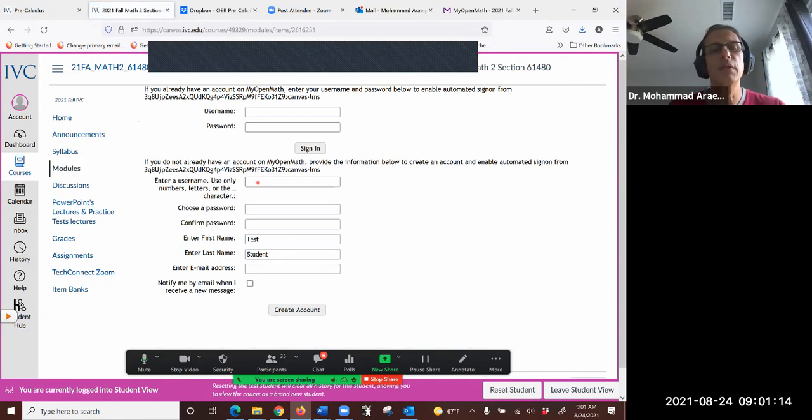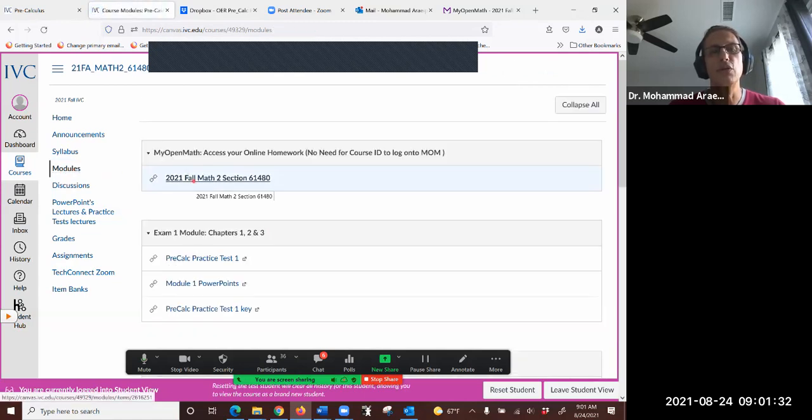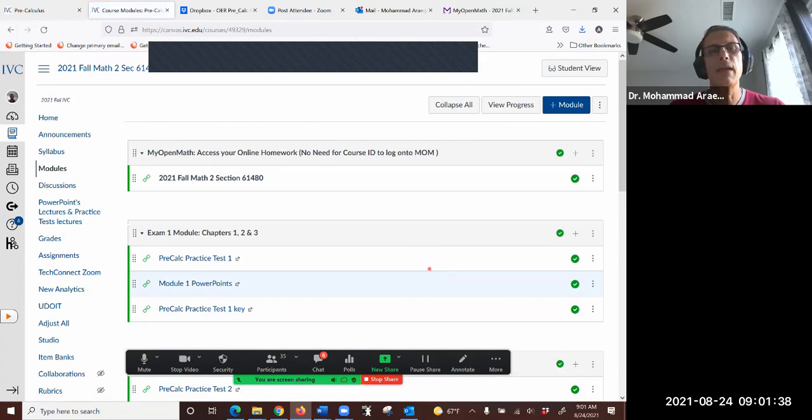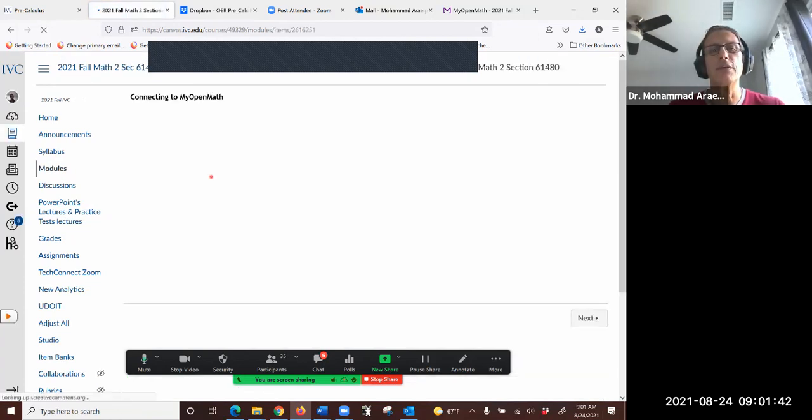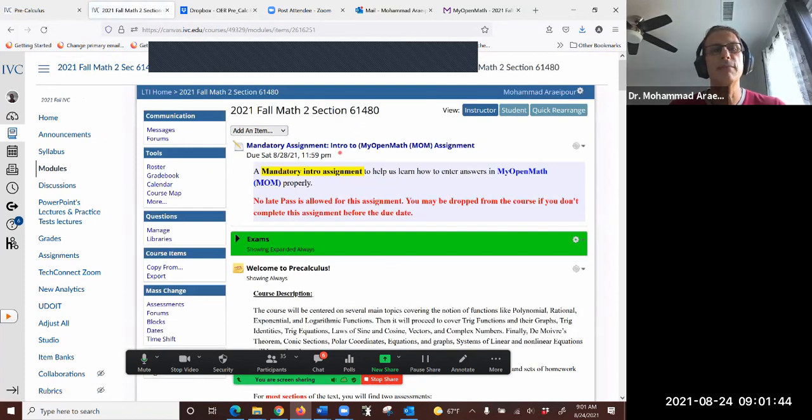You make up a username, password, so on and so forth, and you create an account. It's very simple. You don't need a course ID. You go under the modules, and the very first one, you just register. I'm going to leave the student view. When you're registered, if you click on it, it'll take you there to my OpenMap.